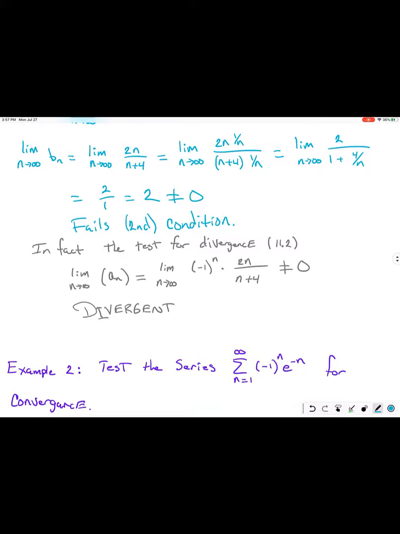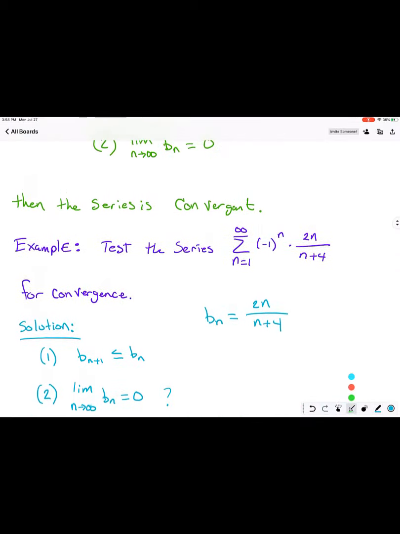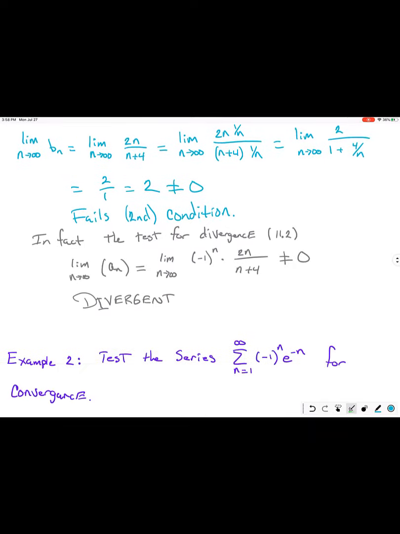In fact, the test for divergence that we looked at in 11.2 says that the limit as n approaches infinity of a sub n, which in this case is the whole thing, is not equal to 0, so it would be divergent.